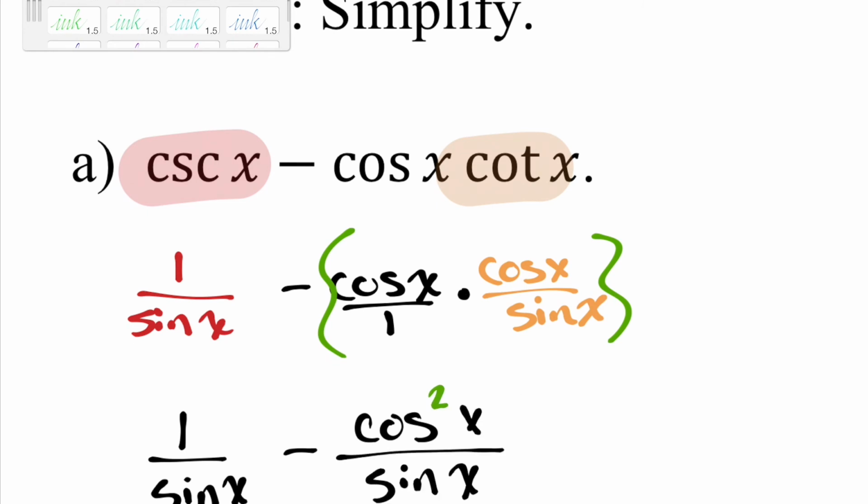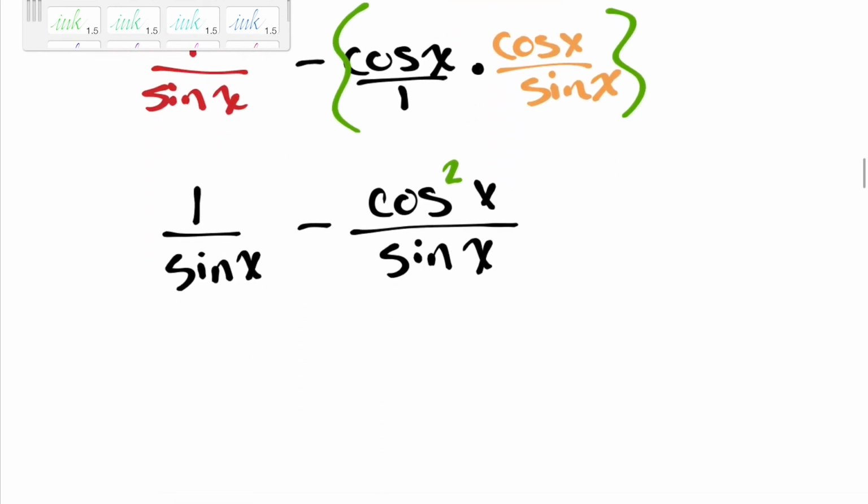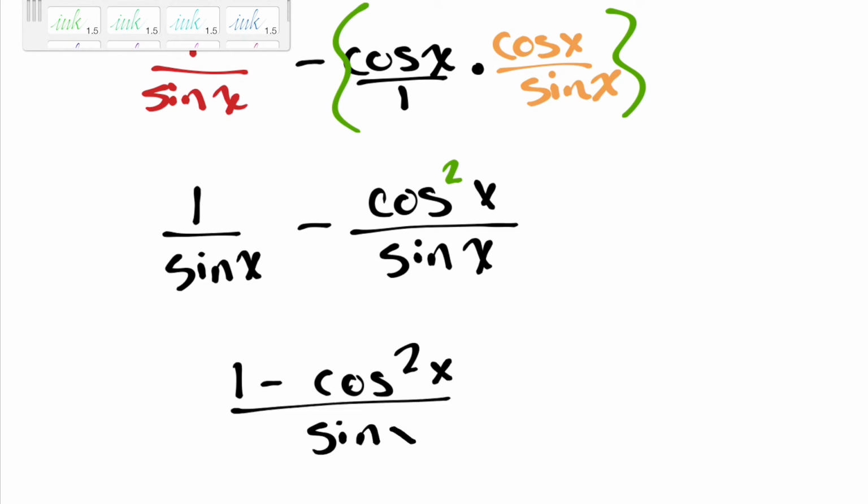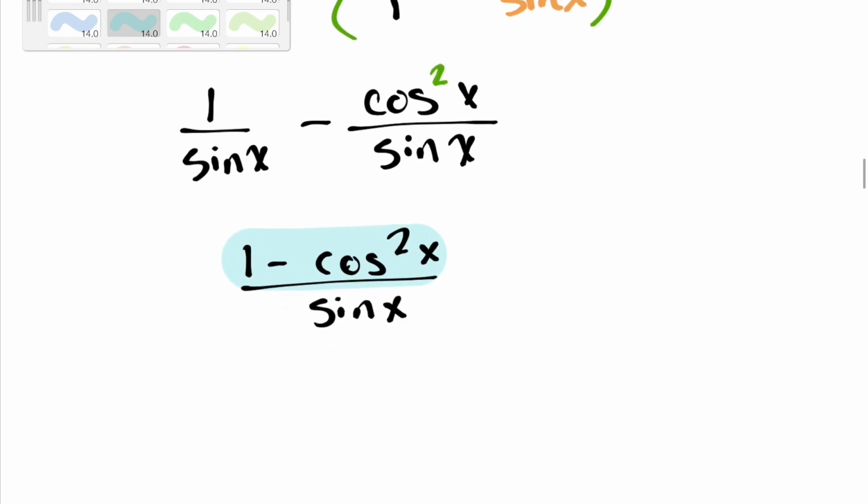We can now see that I have the same denominator for both of these, so I can combine this into one fraction, all over sine of x. And then this 1 minus cosine squared x at the top is reminiscent of our Pythagorean identity of sine squared plus cosine squared equaling 1. We would just have subtracted the cosine squared over, so that means all of that is actually equal to sine squared.